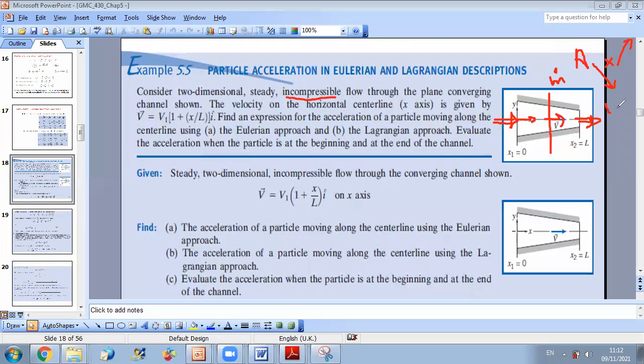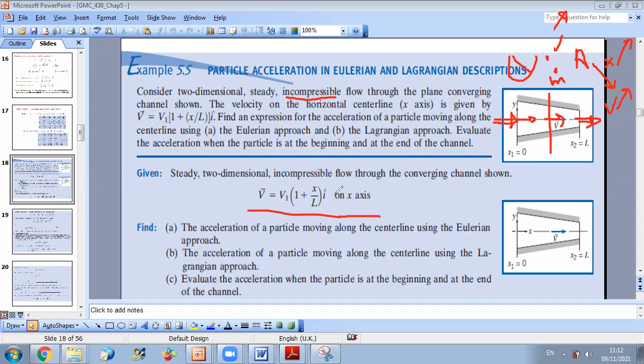The velocity will increase because m dot can be written as rho times A times V. Since the flow is incompressible, rho is constant, so if A decreases, V should increase to conserve mass. This is the expression which will give me the increase of velocity with x, and as I can see, it's a linear increase.